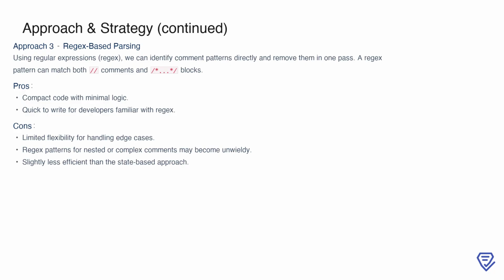They lack flexibility in handling complex edge cases, such as nested comments or unusual formatting, and the patterns themselves can become unwieldy for such scenarios. Additionally, regex-based parsing is slightly less efficient than the state-based approach, as it may involve extra overhead in matching patterns. As a result, while regex can be a quick and concise solution, it is not ideal for this problem's requirements.